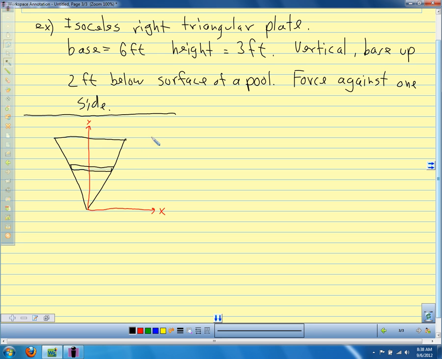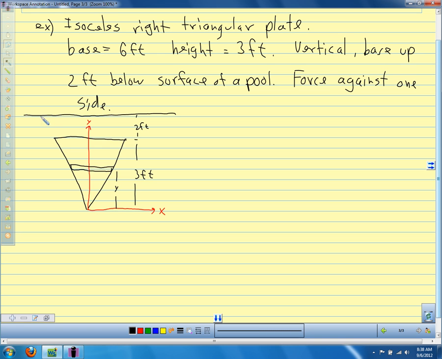So the distance from here to here is 3 feet, and we're 2 feet below the surface of the water. If we call this distance y, what is going to be our expression for the depth? 5 minus y, because at the bottom we're 5 feet below.